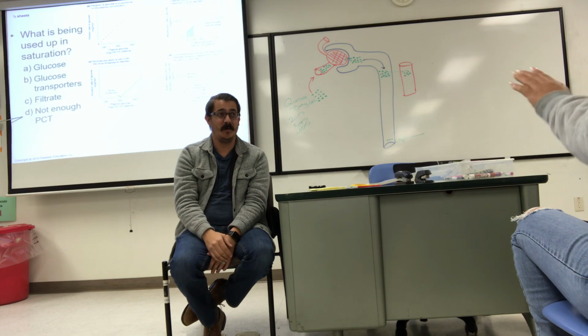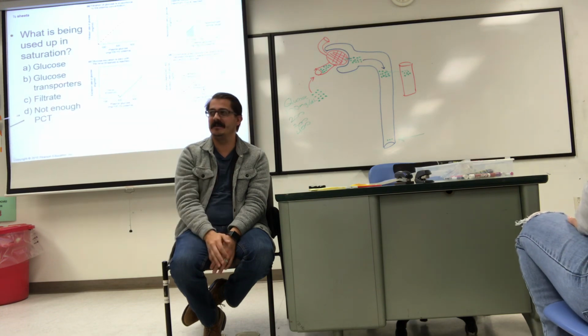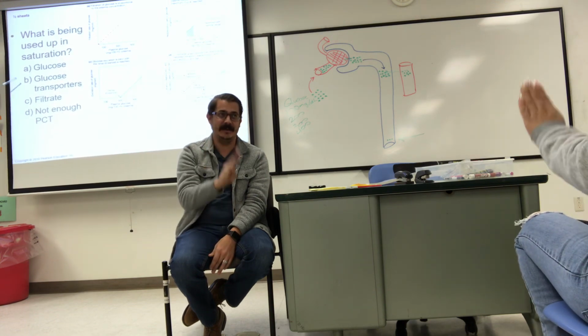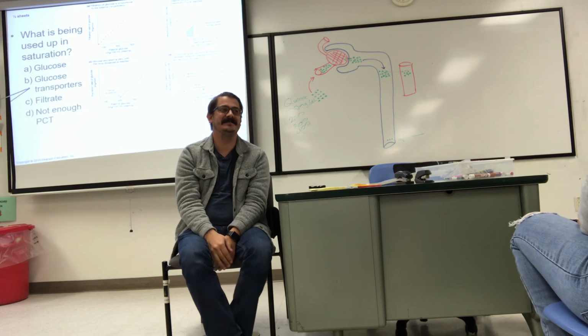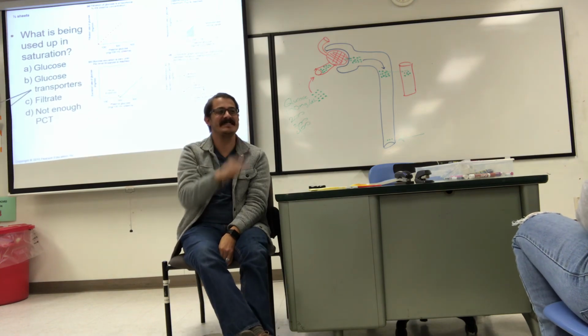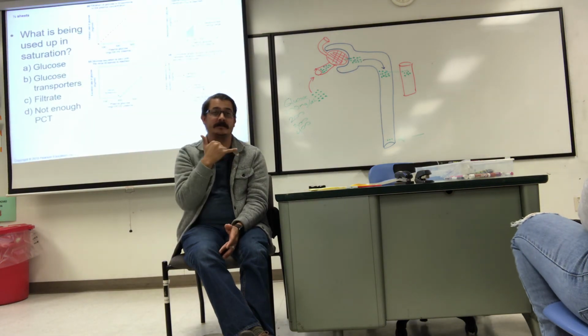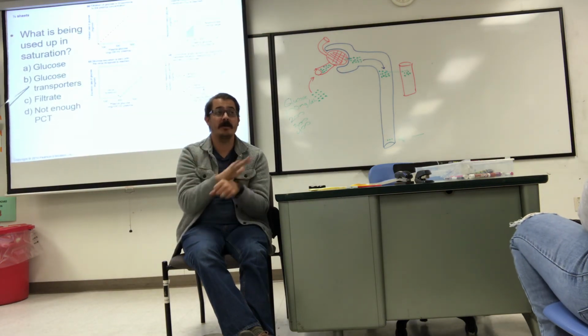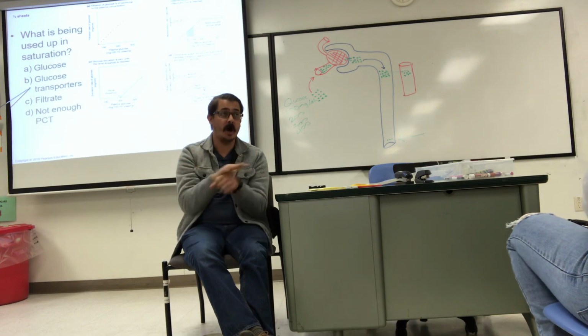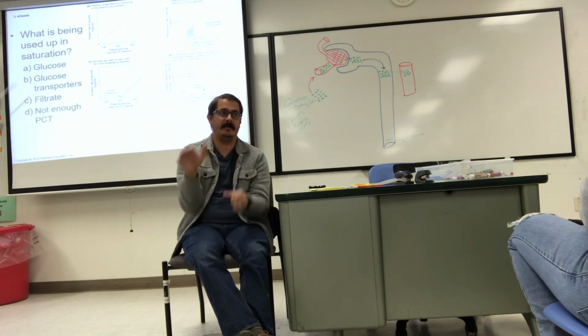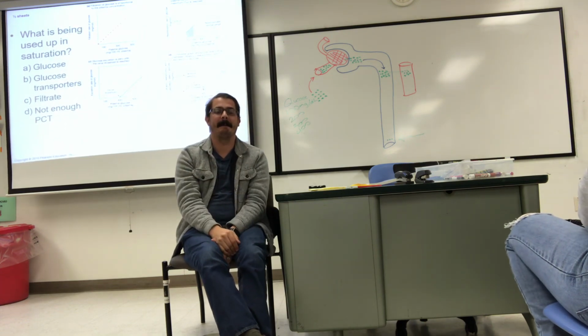Now you're down to B or D. It's not D. This is what you're using up. Those transporters are the limit. That's a commonly missed question, and that's what you're using up. You're saturated because all the transporters are occupied and working at their max rate. So there you go. Now you won't miss it.